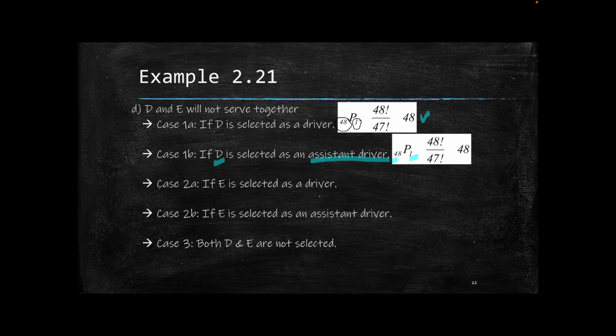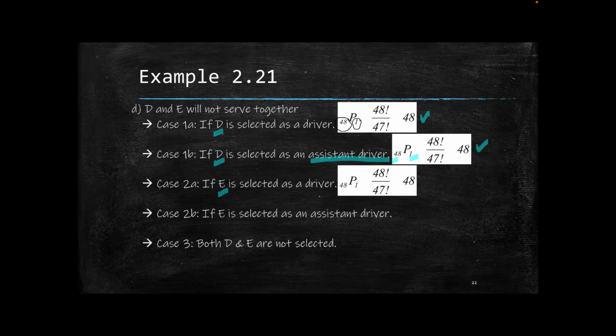So we will also get 48. Okay, untuk case 2A, if E is selected as a driver. So sebenarnya case 1A dengan 2A sama. Sebab kalau E is selected as a driver, kita kena minus juga dengan D because they are not going to work together. So N would be equals to 48 and then R equals to 1.